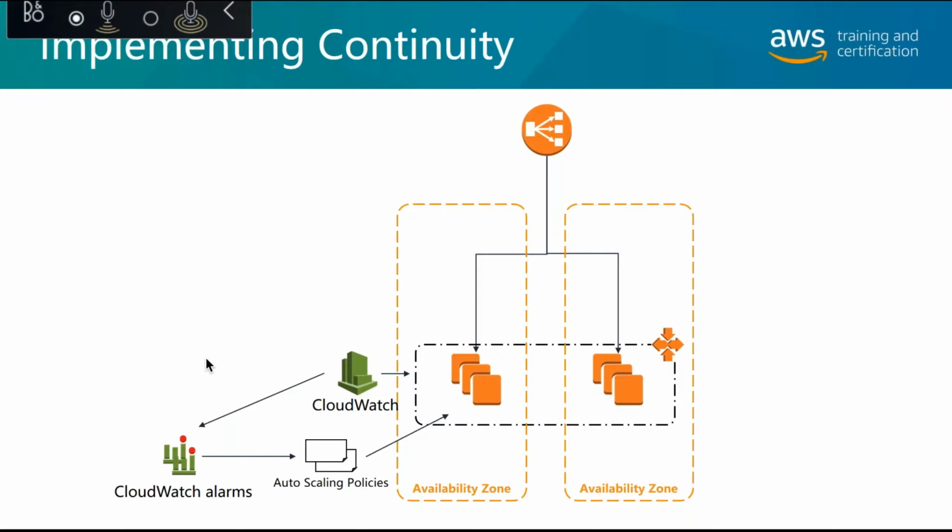So you have CloudWatch, Auto Scaling, and the load balancer all used to implement an architecture that is highly available and that will scale out and scale in based on your CloudWatch metrics or rules. For example, if the CloudWatch metric shows CPU greater than 80%, then scale out. If the CPU is smaller than 20%, scale back. That would be an example of a design implementation.